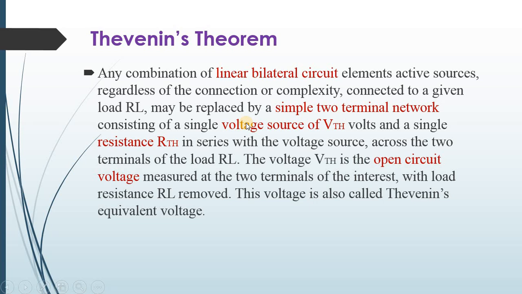In simple terms, if you have a complex network and you have to find the current through a particular branch of that network, then it is very complicated. So any complicated network can be replaced by a simple two-terminal network having a voltage source VTH and an equivalent resistance RTH in series with that voltage source.